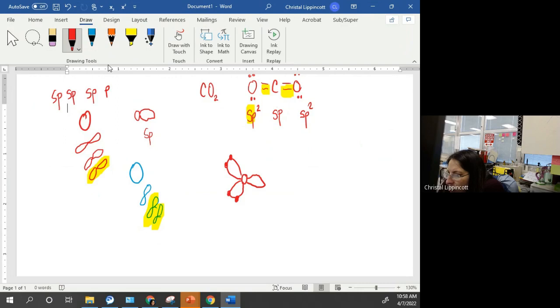This one then is going to hook up with this carbon. Now this carbon has two sp orbitals, because it's got one p that's hybridized, so you've got this and this coming out of the hybridization. So these two become these two. Your carbon is going to have a sigma bond here, and it's going to have another sp orbital over here, and that's going to hook up with another oxygen.